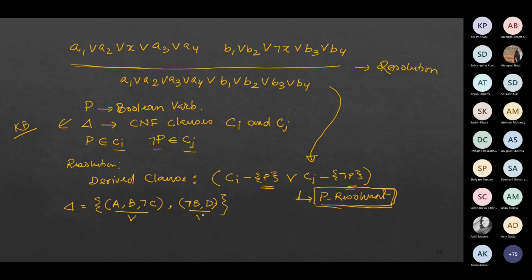This is appearing in disjunctive form, but these two are appearing in a conjunctive form. So this is the kind of convention that we are going with, right? Now, if we try to do a resolution over the variable B, as an output clause we will obtain A, negation C, and D. And this is something that we get as the B resolvent.